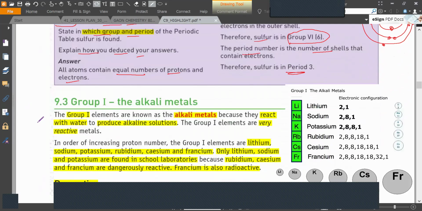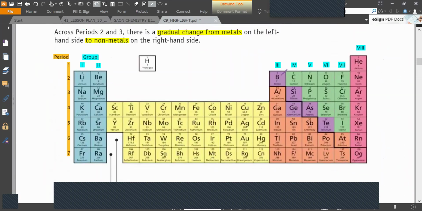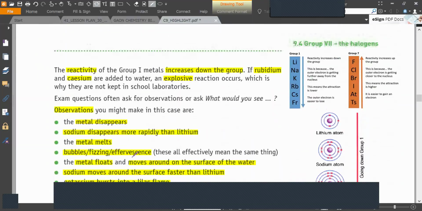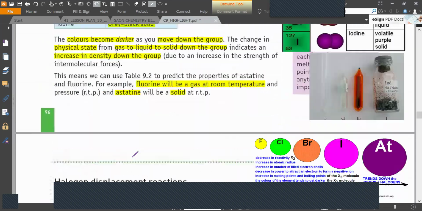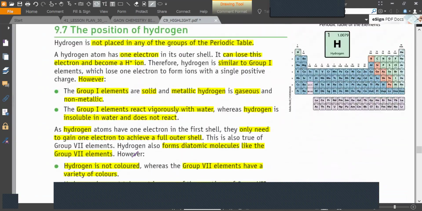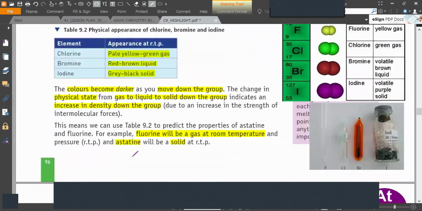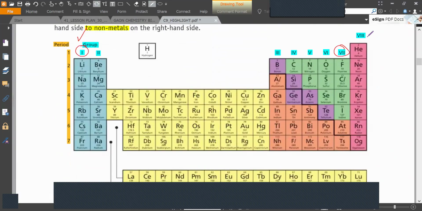Next one. In the IGCSE, we need to have a good understanding of group 1, so we will study group 1 in detail. We also need to know about group 7, group 8, and transition elements.